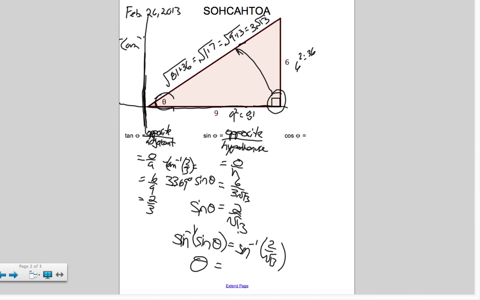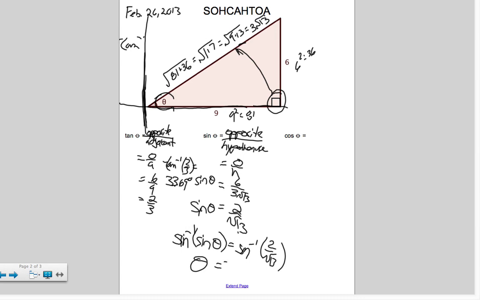In your calculators, do sine inverse of 2 over square root of 13, however it is that you need to do it on your calculator. Same answer?